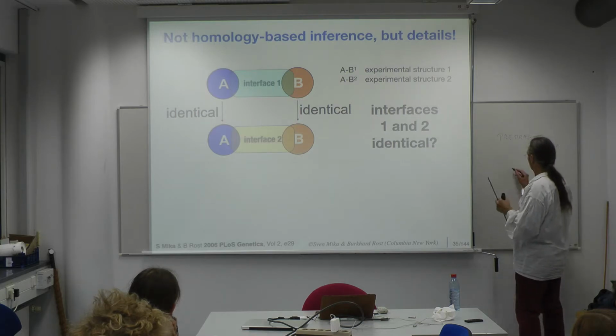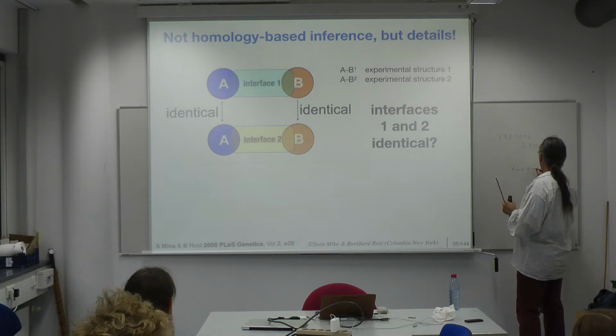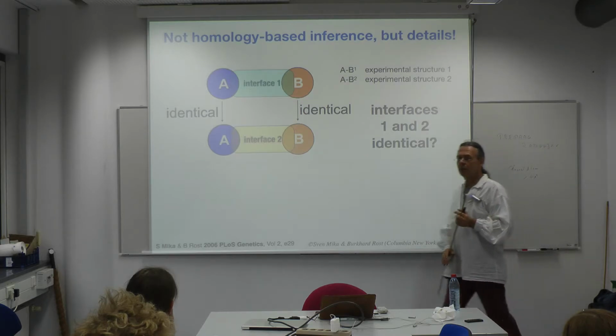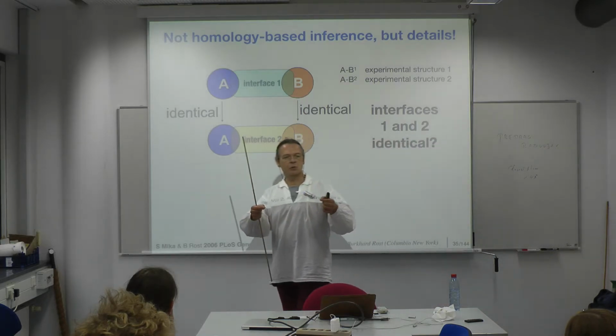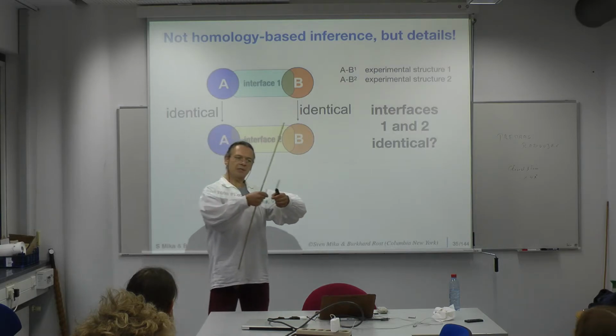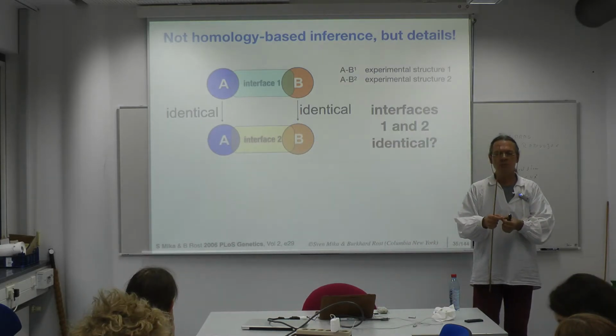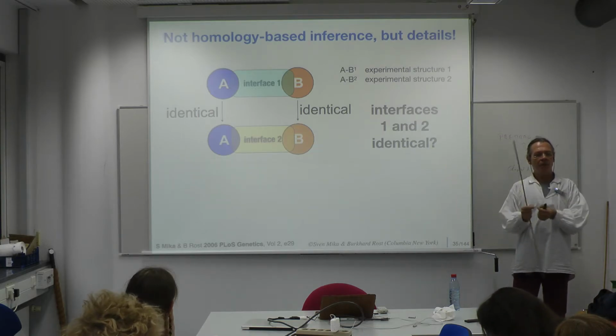Say closest atom is less than 4 angstrom, and then I say they are connecting. Okay? So if we have two residues of two different proteins, and if the closest atom is within 4 angstrom, then I say they are in contact.